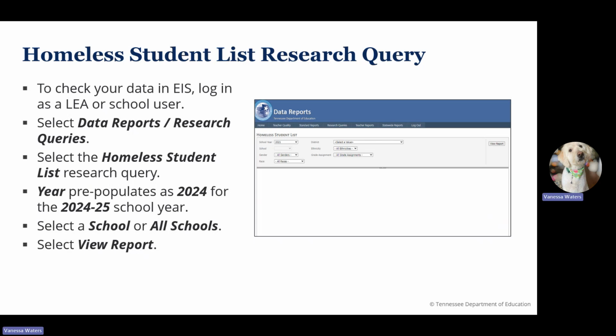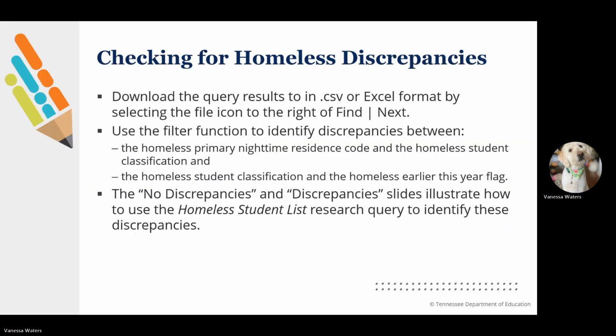As you can see, I have provided a screenshot of the web page. To check for homeless data discrepancies, you will download the query results to CSV or Excel format by selecting the file icon to the right of the Find Next.